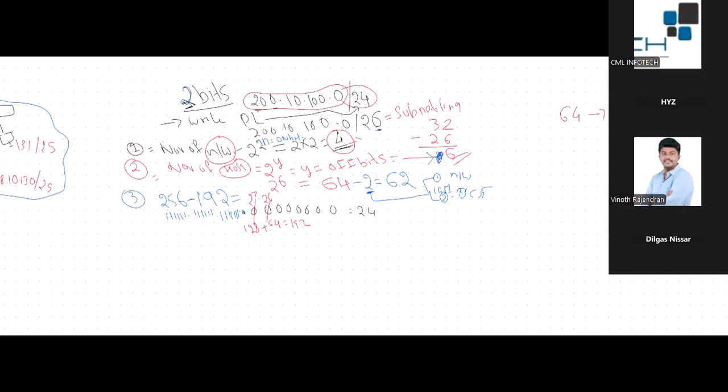So when you have 2 bits on, 192 is the value. So 256 minus 192, how much? 64, right? So now we can add with the 64.